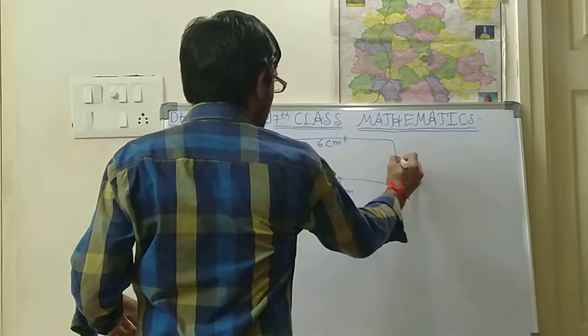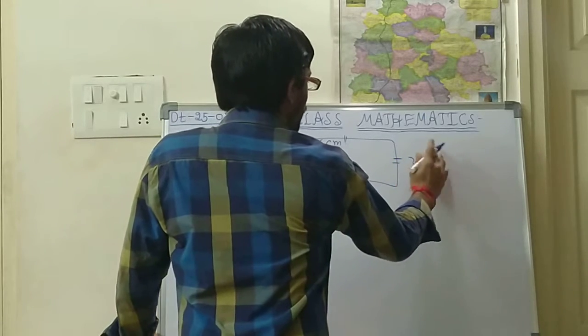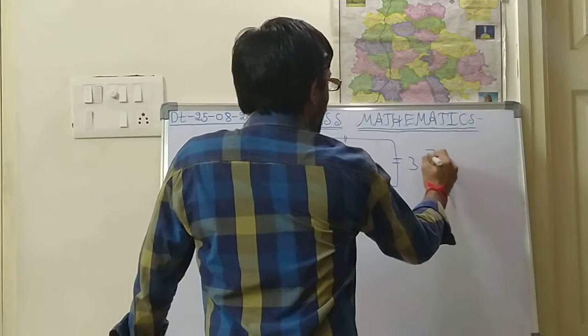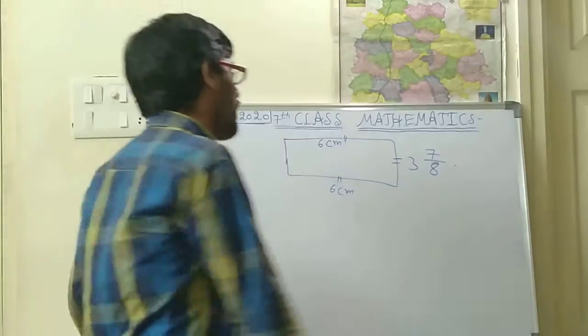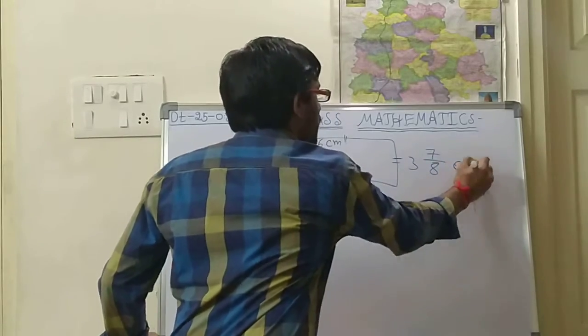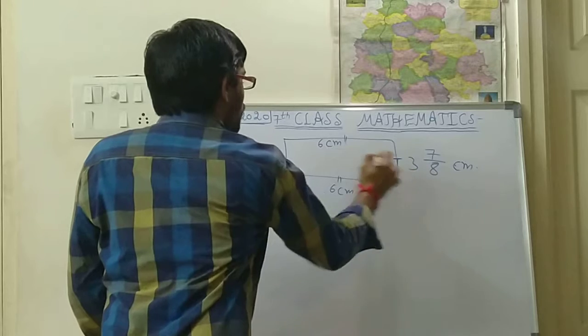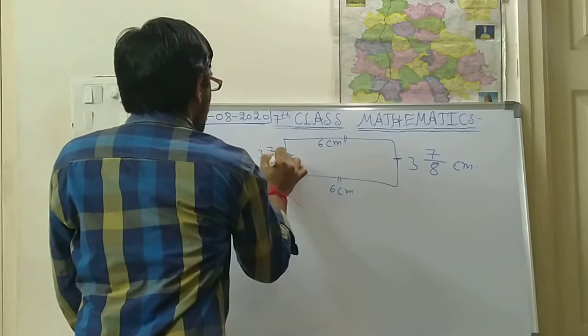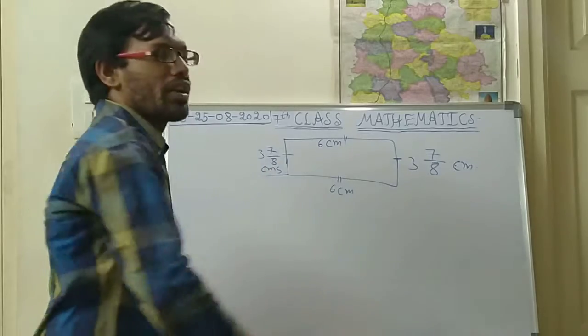And the breadth is 3 7 by 8 centimeters, and obviously the opposite side is also 3 7 by 8. Is it right, children? I hope you understand.